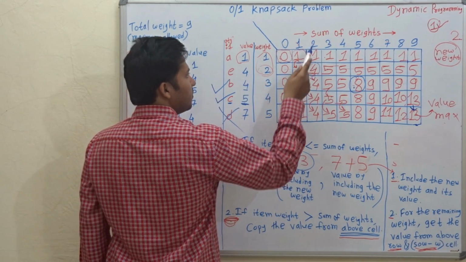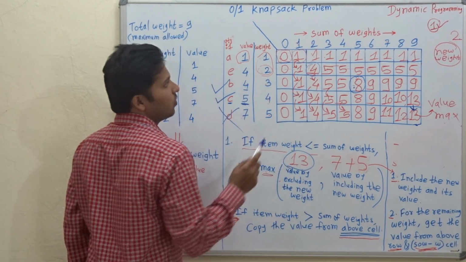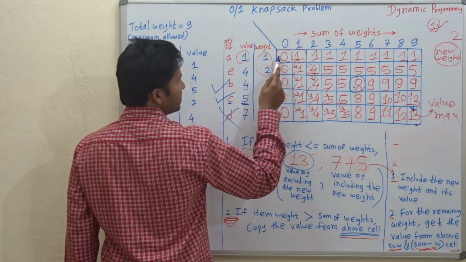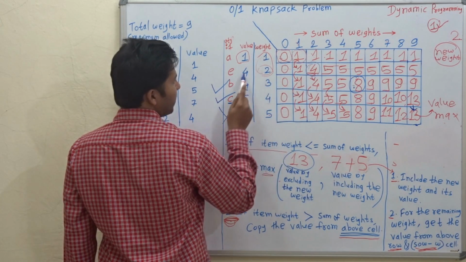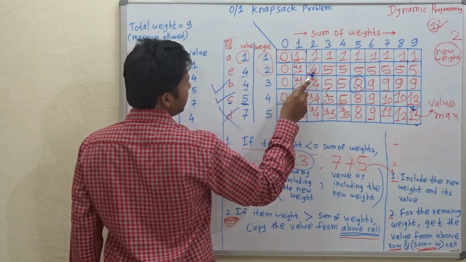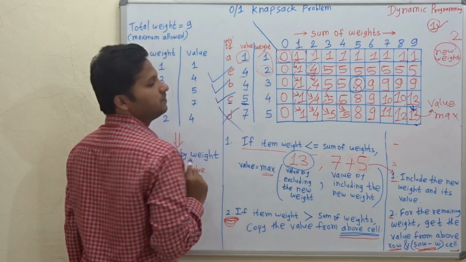Now for this cell, 2 minus 2 is 0. So in the above row, go to the 0th cell. Yes, it is 0. 0 plus this value 4 has converted into this 4. The addition is 4. So we have included E as well.